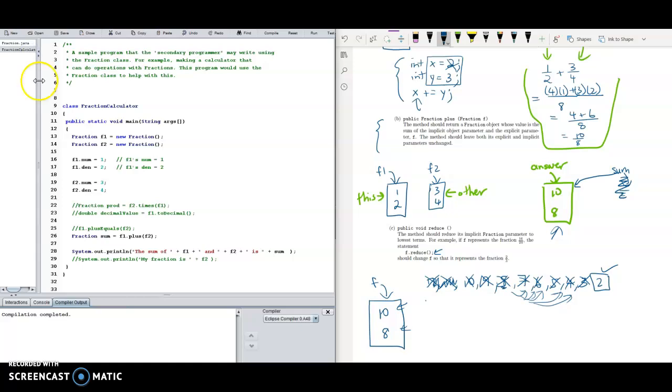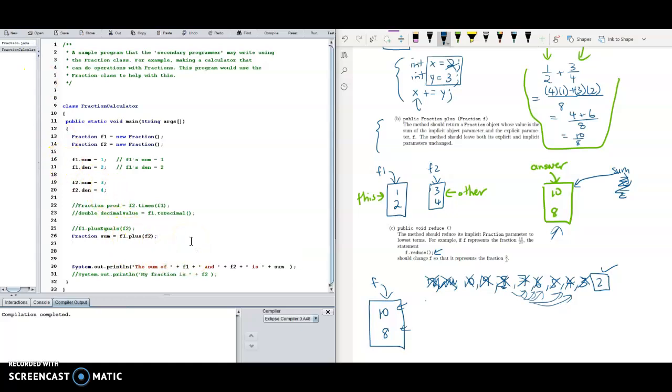So now how this works is, let's say we make another fraction. I'm just going to make a brand new fraction here. So Fraction, let's say f gets new Fraction. Okay, and then I can go f.num gets 10, and f.den gets 8.